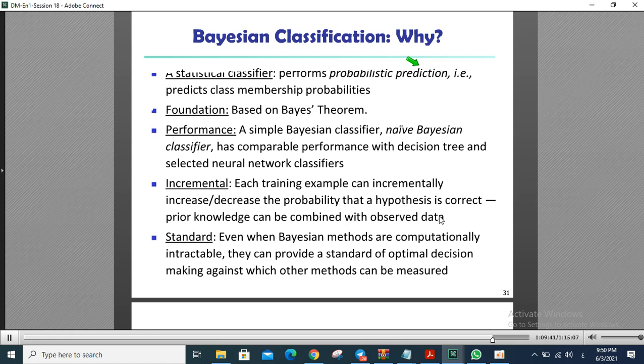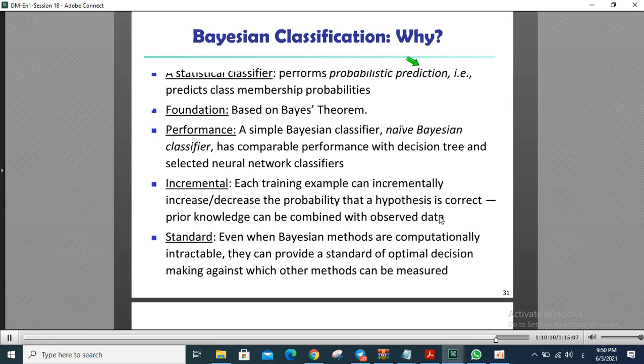The second method for classification is the Bayesian based classification method. The Bayesian classifier is based on probabilistic prediction strategies.